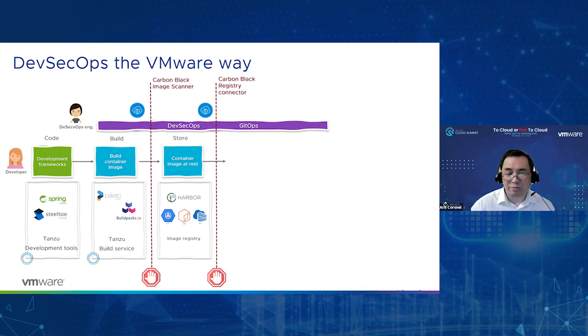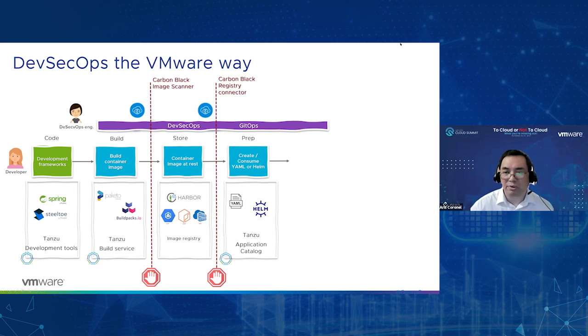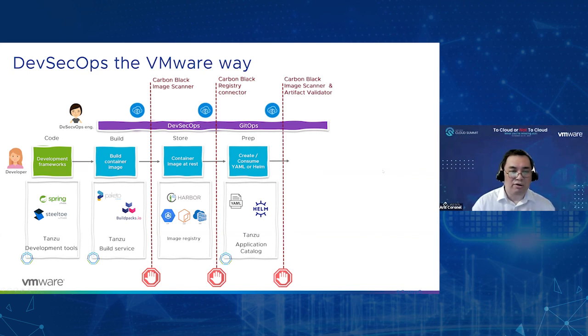Now, another crucial step is the preparation of the manifest here. The way that you are basically configuring the workload to run in Kubernetes. And then when you're getting into the deploy phase and you want to deploy this in Kubernetes, you need some kind of a gate, an admission controller, to be able to stop deployment of the workload if in any way it's not aligned with your policy.